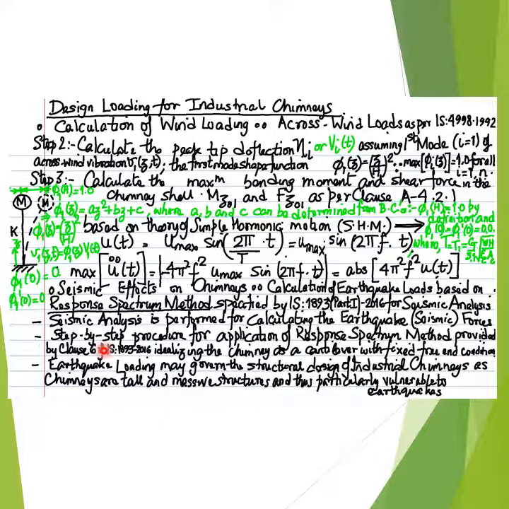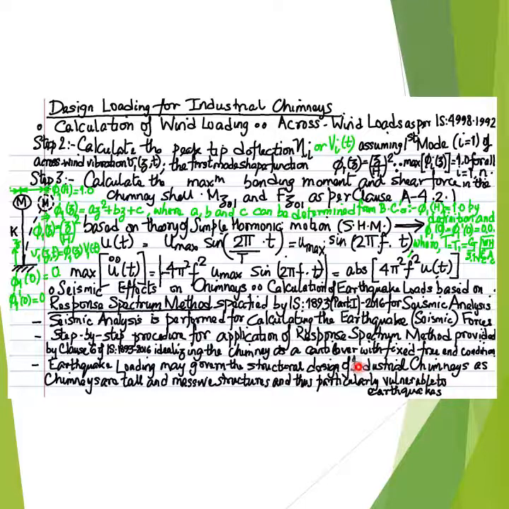Now, it is worthwhile to note that earthquake loading may, under certain conditions, govern the structural design of industrial chimney structures, as chimneys are particularly tall and massive structures and thus particularly vulnerable to earthquakes.